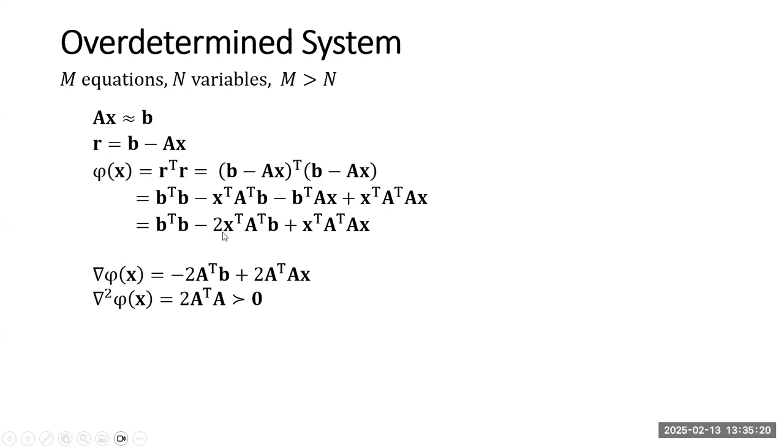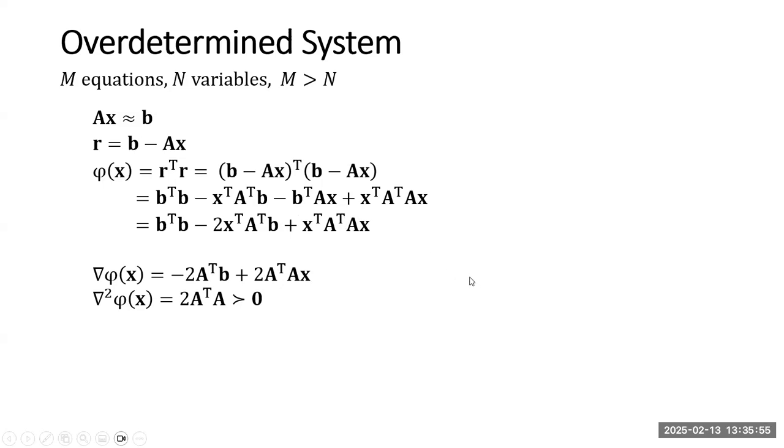Differentiate this, negative 2 x transpose times a vector p in general, so it'll give you p. So negative twice A transpose B. And then for the derivative of this, you can easily check that A transpose A is symmetric, so it gives you plus twice A transpose AX. This is the first derivative.